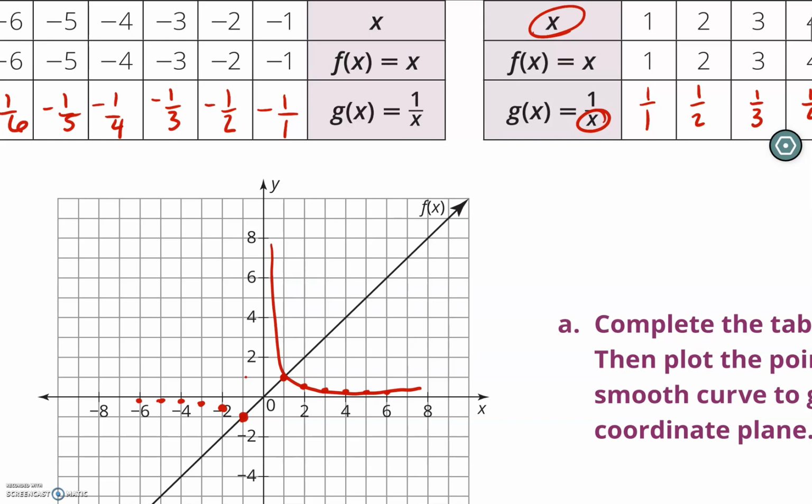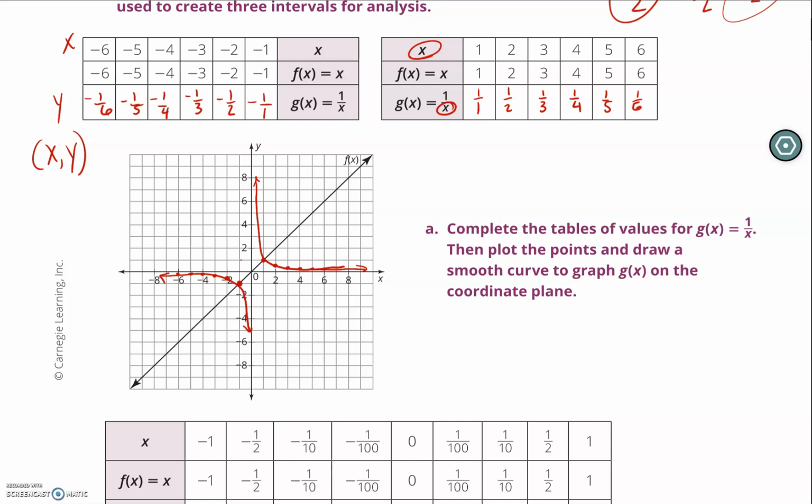I was doing so good until the very end. They're going to look something like that. So we completed the table of values, we plotted the points, and we drew a smooth curve. They're never going to touch.